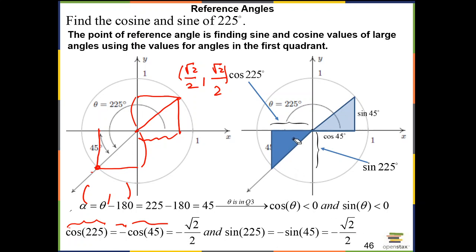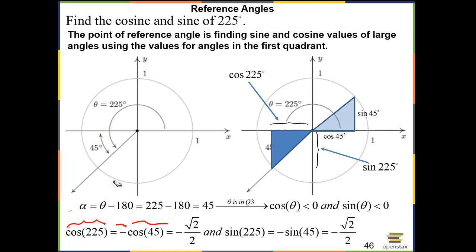So it looks like with this trick, if we know the values of 30, 45, and 60, then you can easily find the values of the ratios for those angles as well.